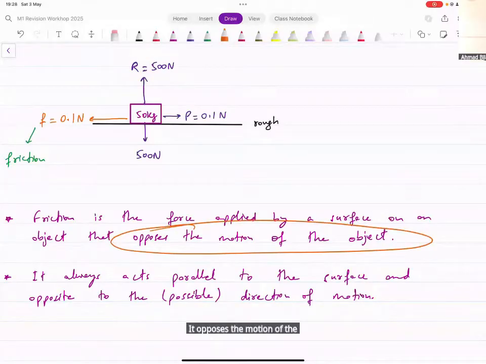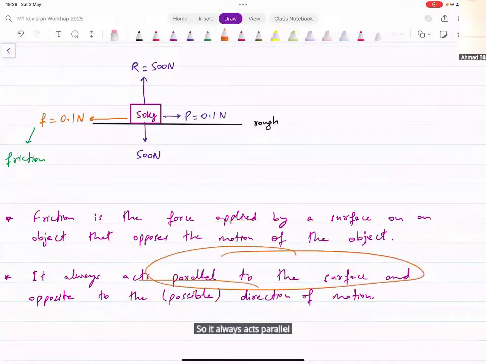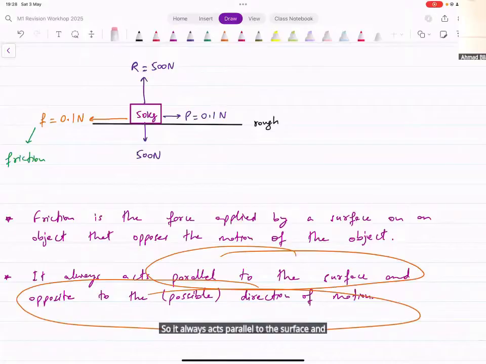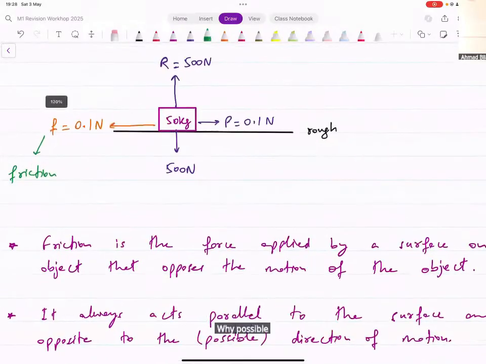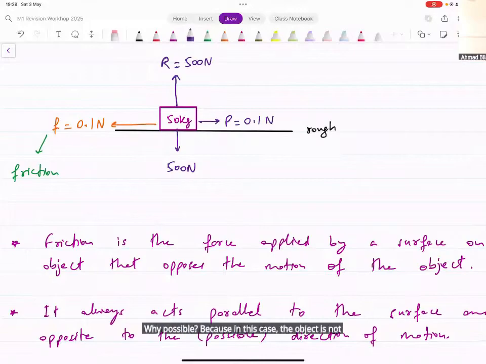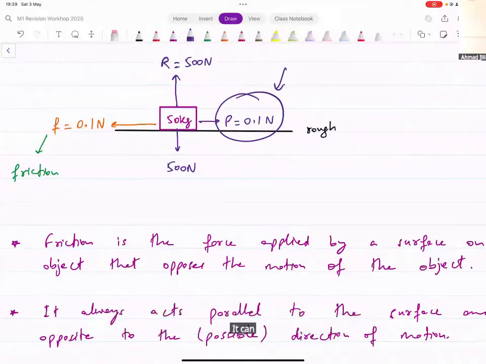It does not let that object move. So it always acts parallel to the surface and opposite to the possible direction of motion. Why possible? Because in this case, the object is not actually moving, but in which direction can it possibly move? It can possibly move towards the right side because of this force.